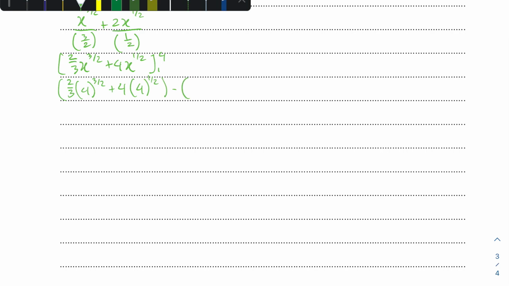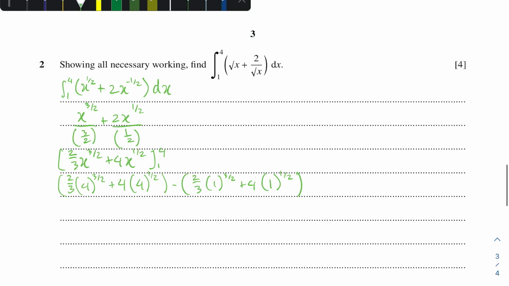Now it's time for us to substitute 1: 2 over 3 times 1 to the power of 3 over 2 plus 4 times 1 to the half. Basically substituting everything. Alright, just like that, and we can put it into the calculator.